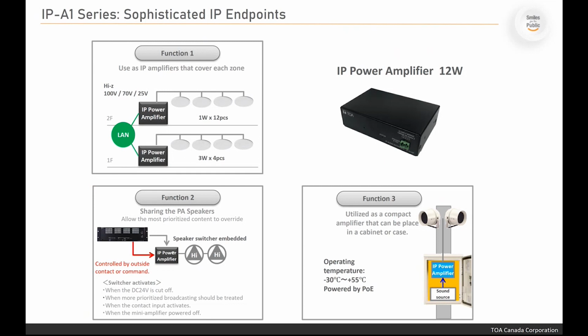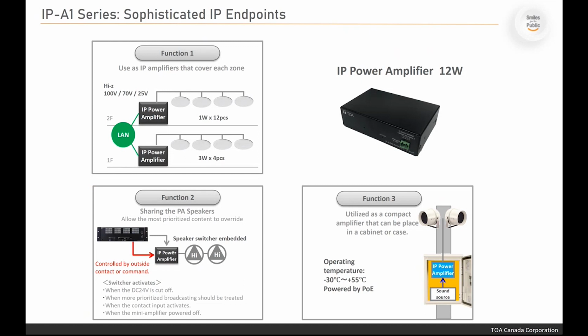So the IP power amplifier will receive from the high Z amplifier two cables. One is a speaker out, and another one is a control input. And then it connects to the high Z speakers.